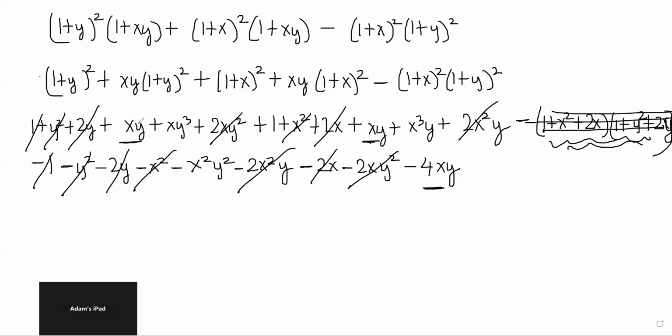Yes. So what terms are left? Only these terms. So we are getting xy cube plus x cube y plus 2xy minus 4xy, so minus 2xy, and minus x square y square. Correct? Yes.